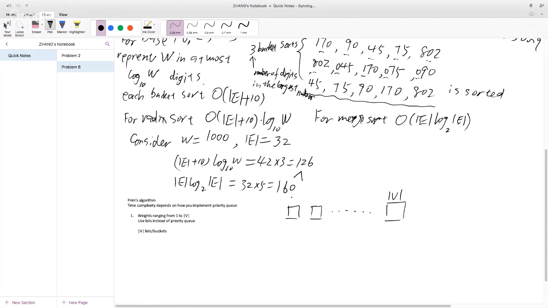This is V, this is 1, this is 2. And each one of them is a list of edges.